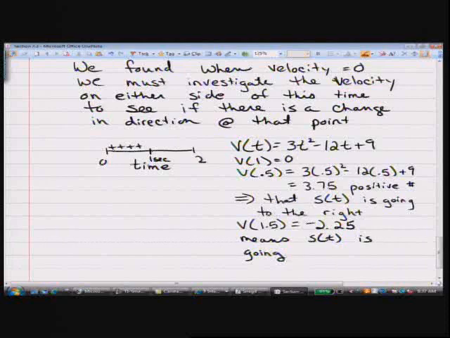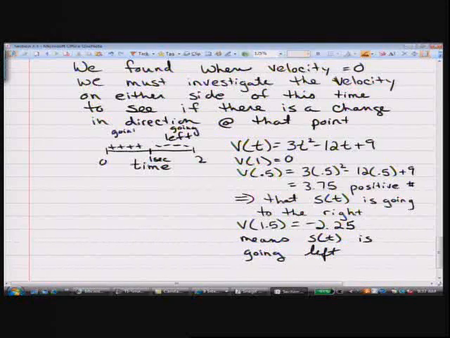So when you have negative velocity, it means the speed is 2.25, but the direction is to the left in this application because we're looking at a particle on a number line. So this means going left, and this means going right. And at 1 second, it changed direction.